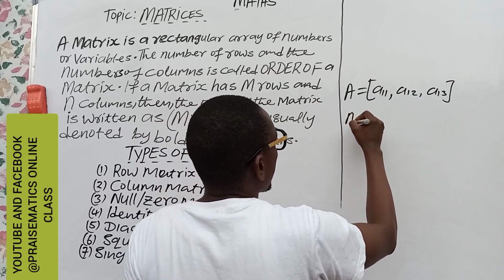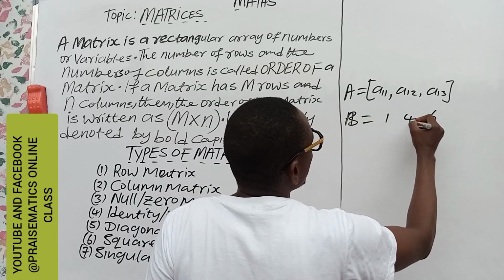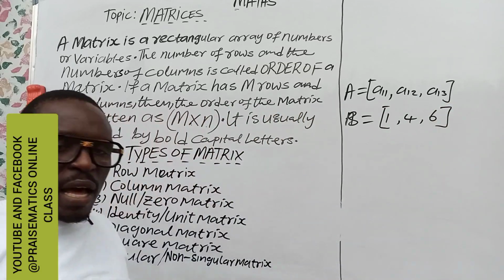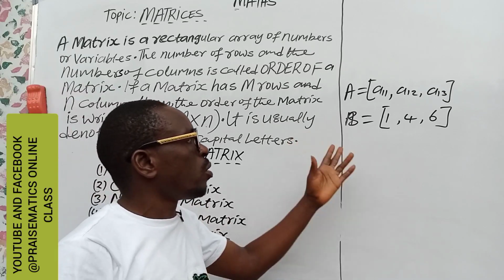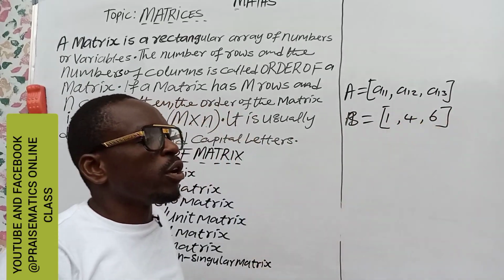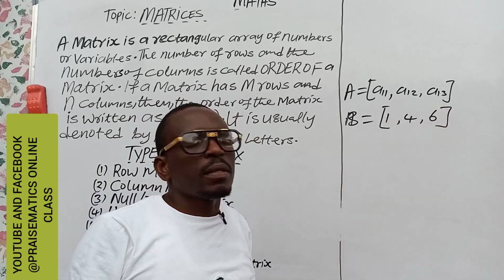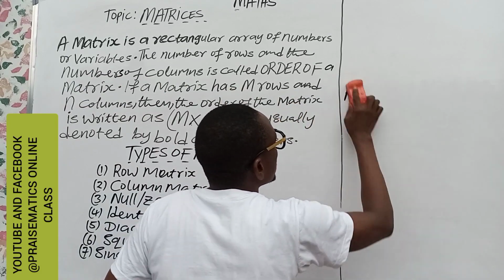Or if you have B equals 1, 4, 6, this is also a row matrix. A row matrix is a matrix that has exactly one row. That is it.